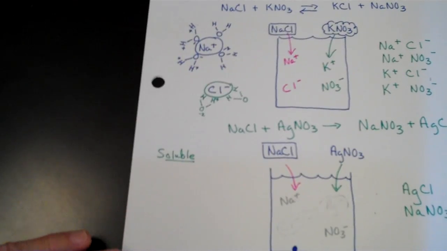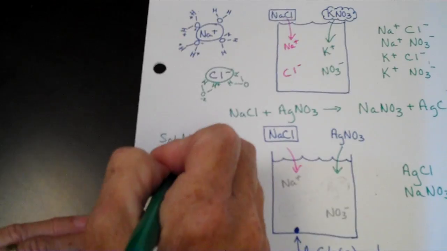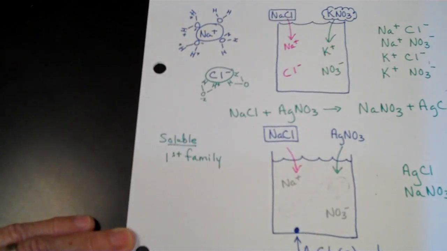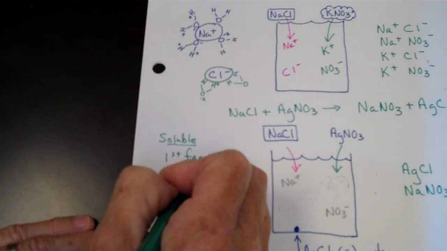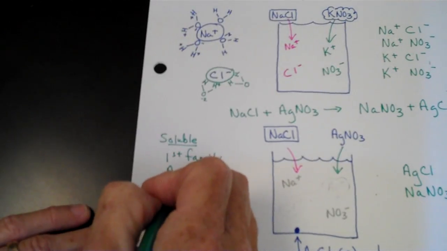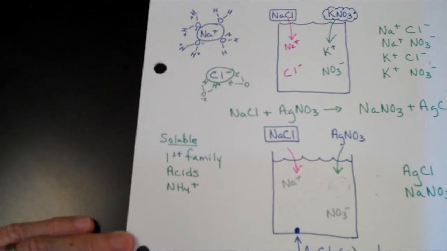The solubility is going to be first family salts, acids. Those could be included under first family salts, but they're special, so we like to name them separately. How about ammonium compounds and all nitrates?